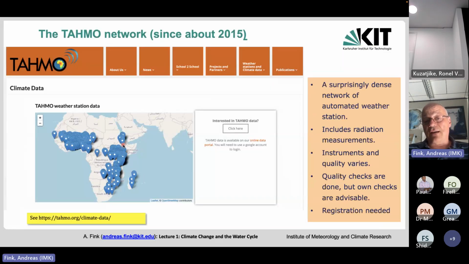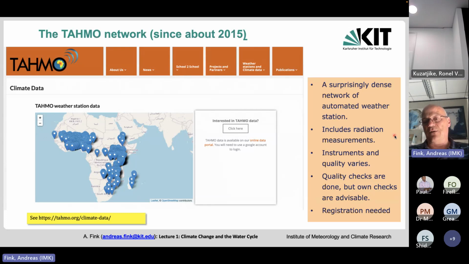We have to rely in Africa on, let's say, private or non-governmental weather station networks. And one rather famous network is the TAHMO network, which has been installed since about 2015 here. There are stations here in the eastern part of South Africa. It's in some nations surprisingly dense. It includes radiation measurements.